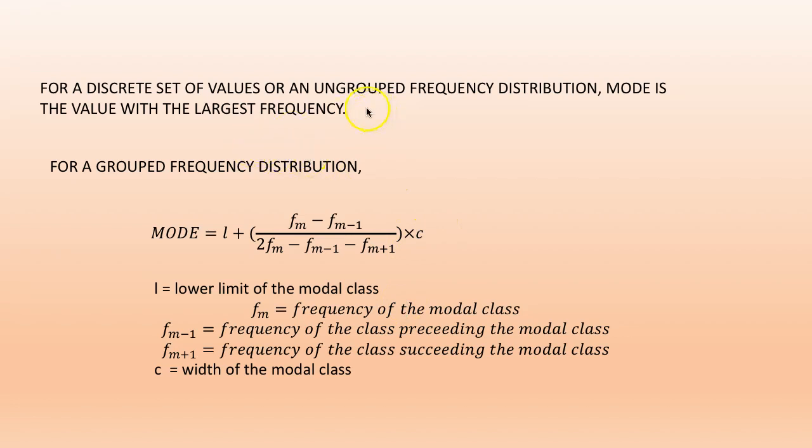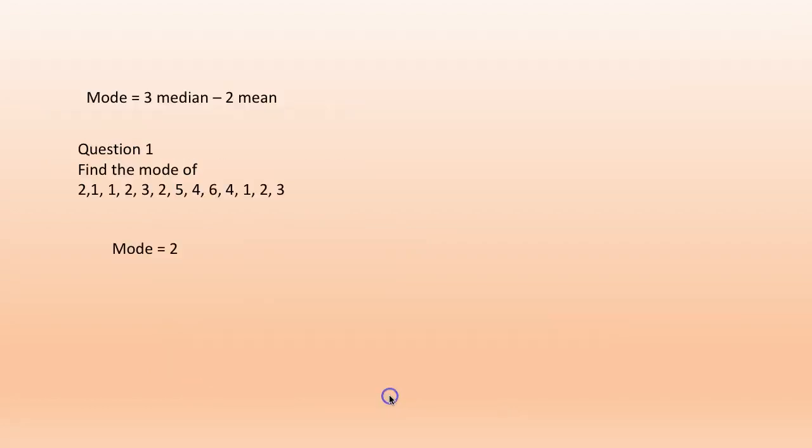For a discrete set of values or an ungrouped frequency distribution, mode is the value with the largest frequency. For a grouped frequency distribution, mode is given by the formula L plus (Fm minus Fm-1) by (2Fm minus Fm-1 minus Fm+1) into C, where L is the lower limit of the modal class, Fm is the frequency of the modal class, Fm-1 is the frequency of the class preceding the modal class, Fm+1 is the frequency of the class succeeding the modal class, and C is the width of the modal class.